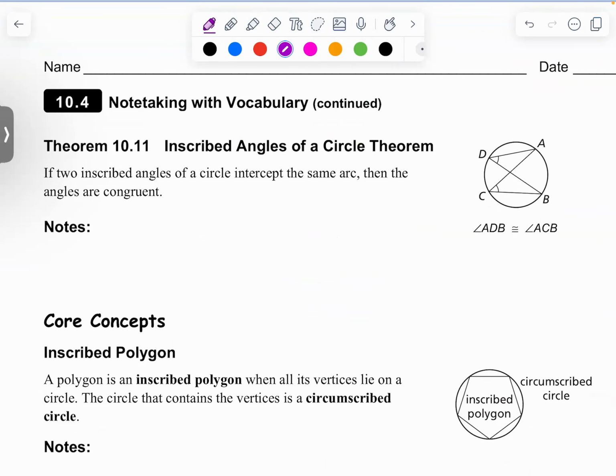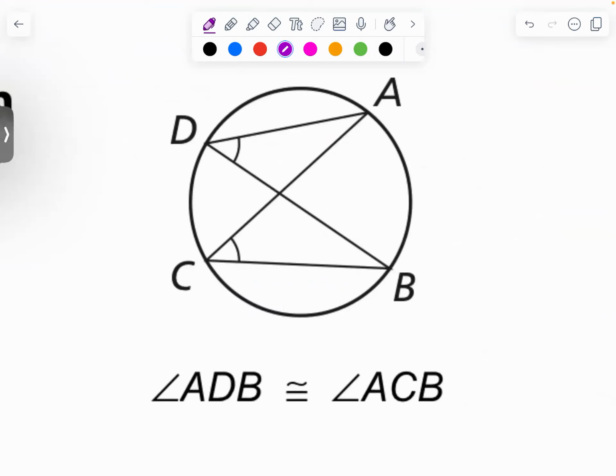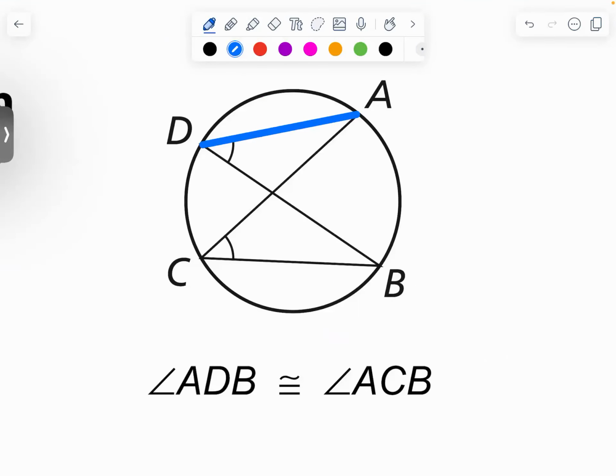Okay. All right, let's go ahead and turn to the next page. Okay. So I'm gonna zoom in on this picture. Notice how A, D, B, and A, C, B, what do they have in common?